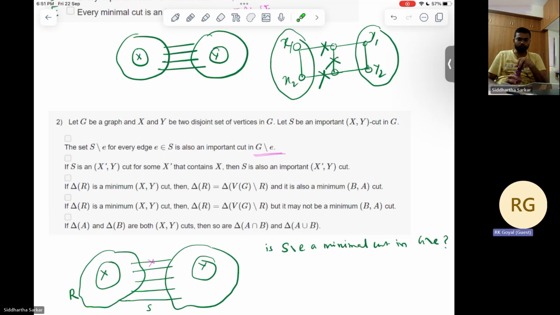Actually, this is getting confusing. S is a set of the edges which need to be removed. So if I remove one edge from S, will it be an important cut for the graph G minus E?